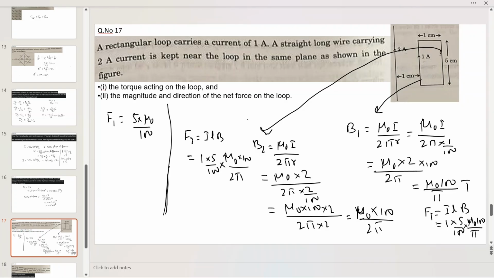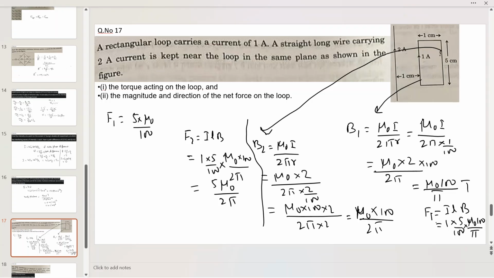The 100 cancels out, so this will be 5 μ0 by 2 pi. So this is your F2 force, and this is your F1 force.